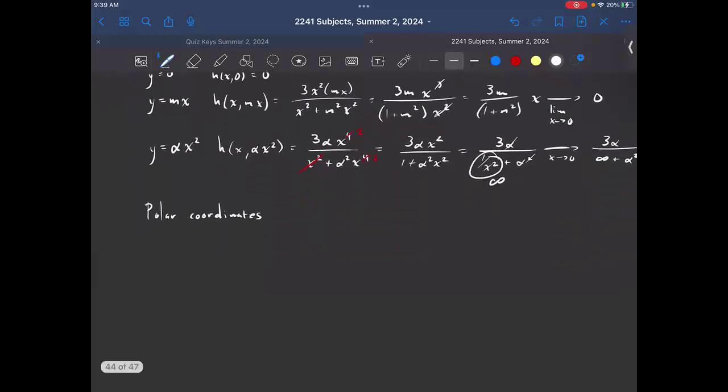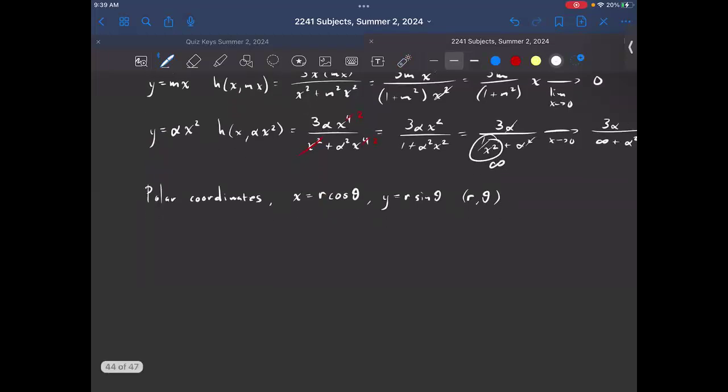And polar coordinates, if you don't remember, are just the parameterizations you get from the unit circle. I guess not unit circle in this case because we have a radius. But x equals r cosine theta and y equals r sine theta. And so now my two parameters are r and theta, and I have a different way of specifying points in the plane.